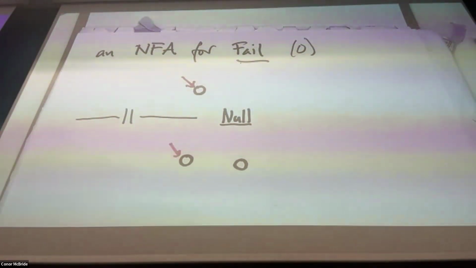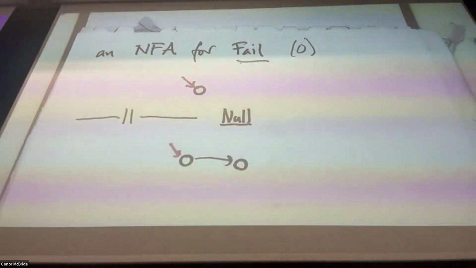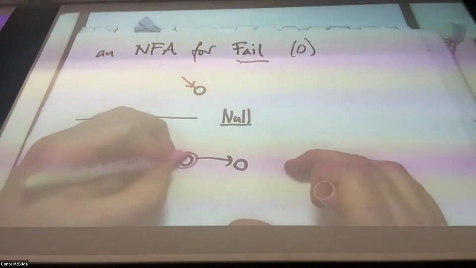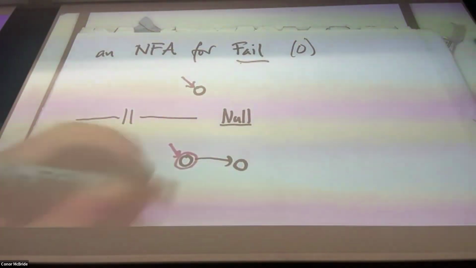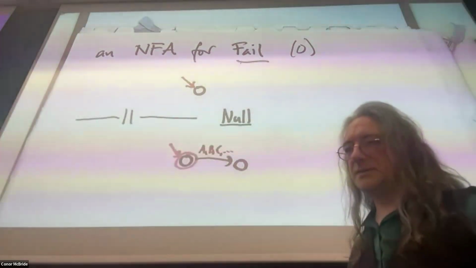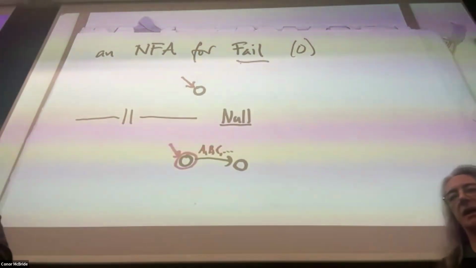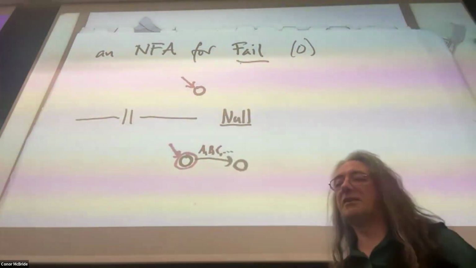And if I see anything at all, I'm going to move to my other state. And I'm only going to be happy if I never move to my other state. Right. So here I put my whole alphabet, right? Yeah, I mean, you don't even need that, but except that I've actually screwed up.